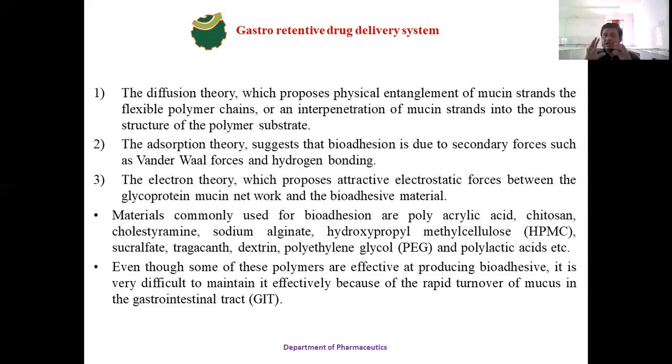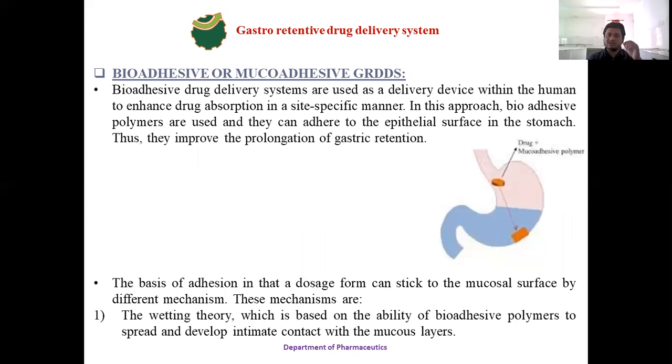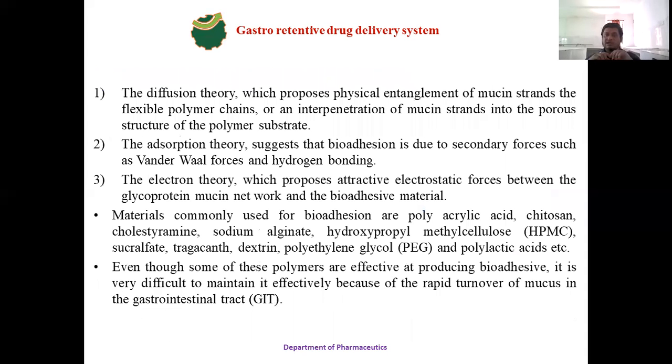That polymer will adhere to or bind with the glycoprotein, mainly the mucins, and you can say it will bind with the mucosal layer of the stomach, as you can see in the diagram, for a long period of time, and the drug will release from the system in a controlled manner. There are four theories supporting mucoadhesion: wetting theory, diffusion theory, adsorption theory, and electron theory.